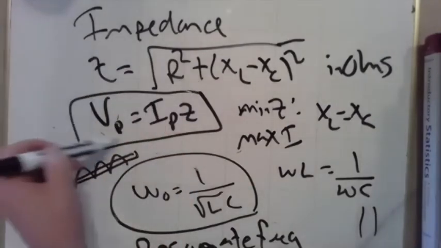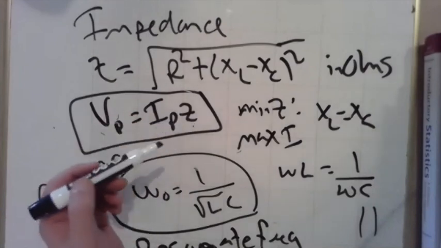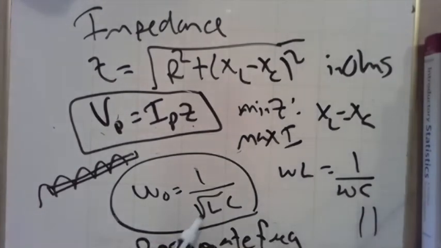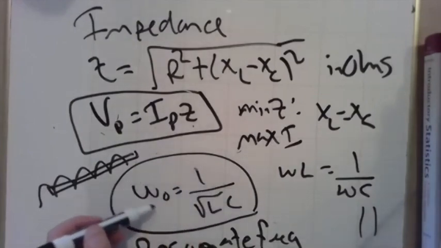Here's V equals IZ. We want to know what happens when we double the angular frequency. So my suggestion to you on that problem, here's a hint, use this formula to solve for omega naught. Get that as a number. You're given L and C, so you can do this.